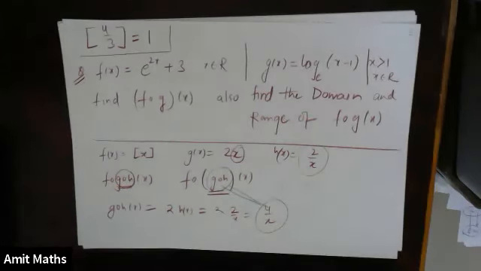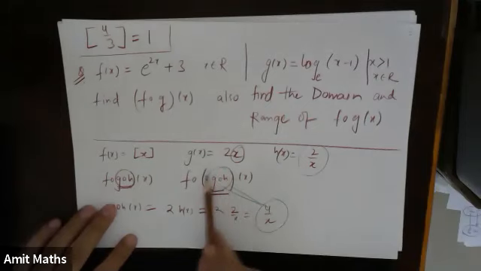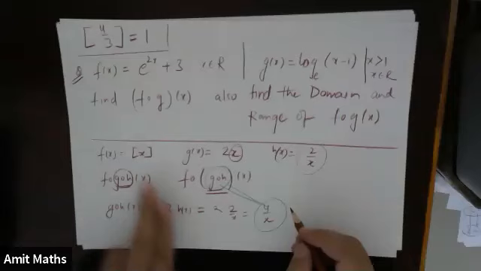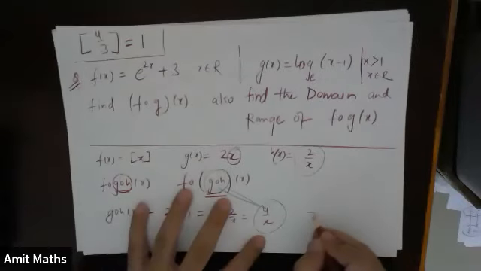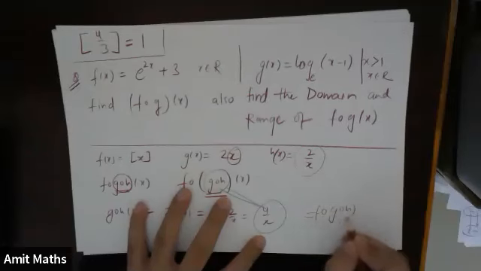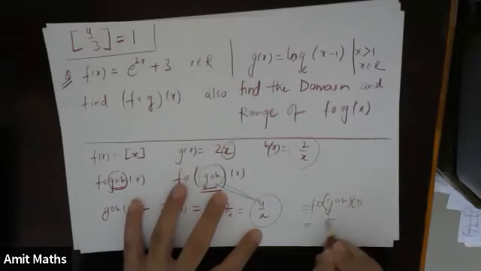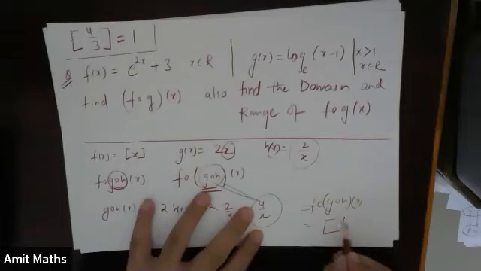Now this part, 4 by x, I have to substitute in the function f. So f is what? Greatest integer x. So fogoh of x will be nothing but greatest integer of 4 by x.